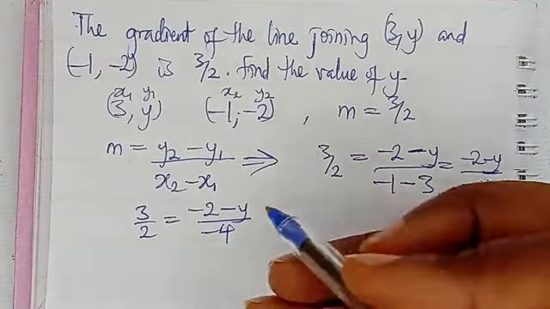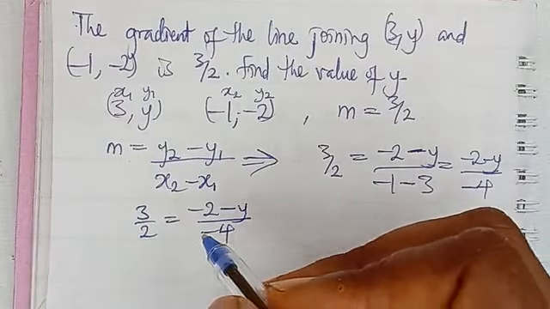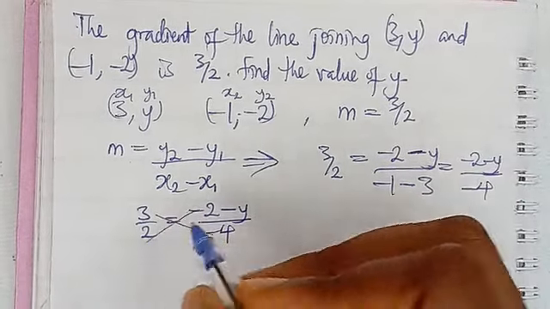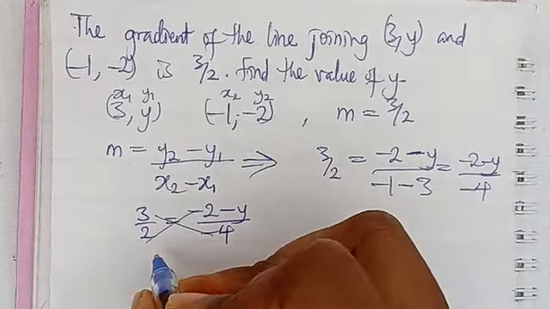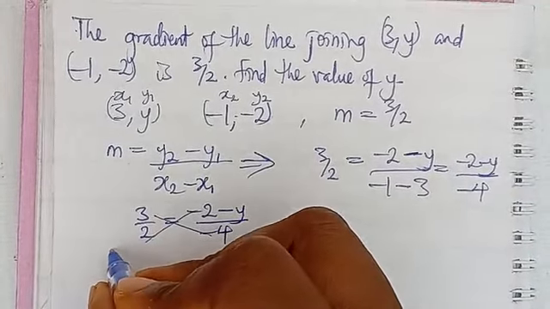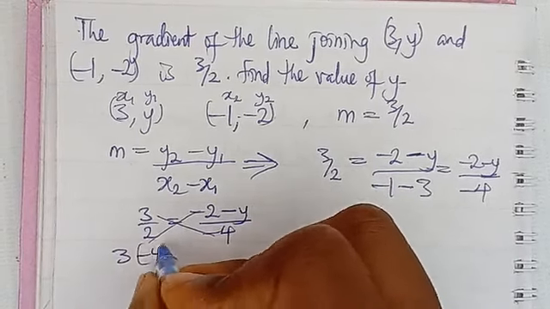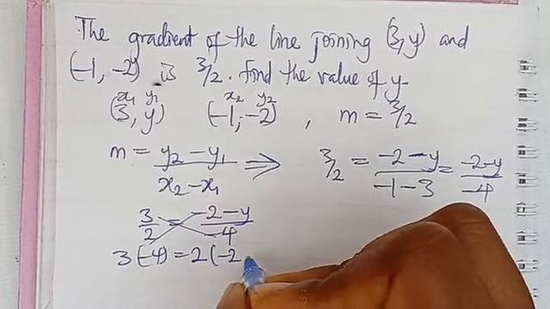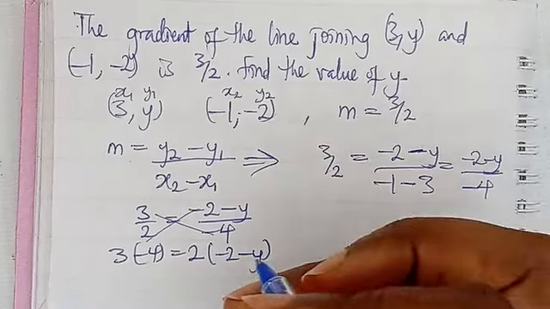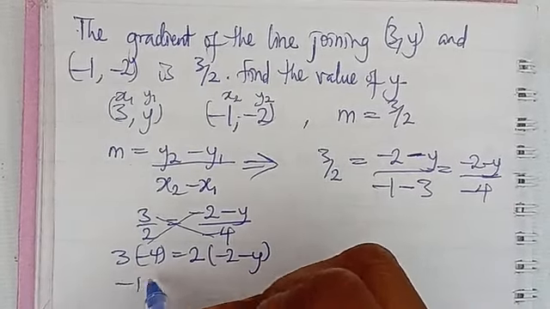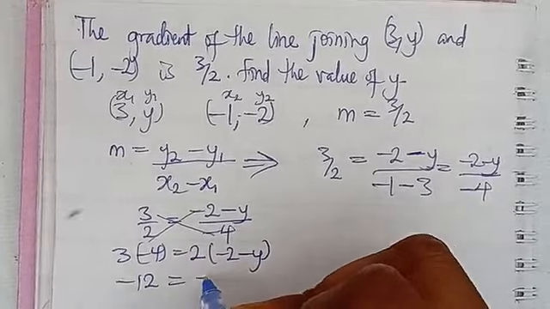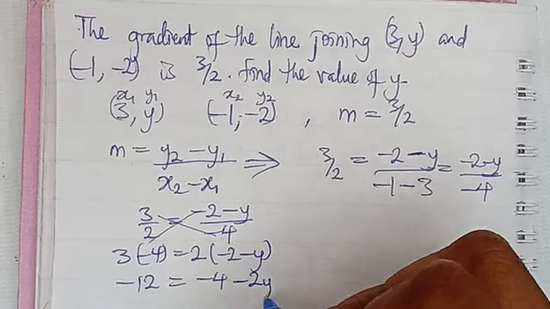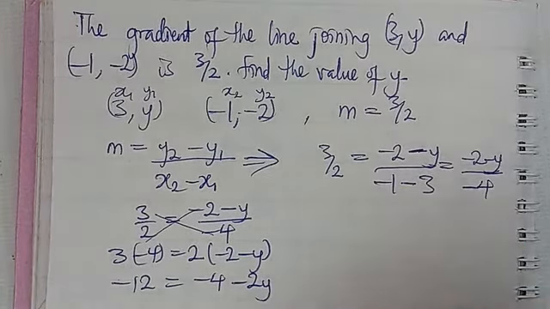So what we are going to do is cross multiply so that we can have a straight line equation. When we do that, we are going to have 3 times -4 is equal to 2 times (-2 minus y). So we have -12 is equal to -4 minus 2y.